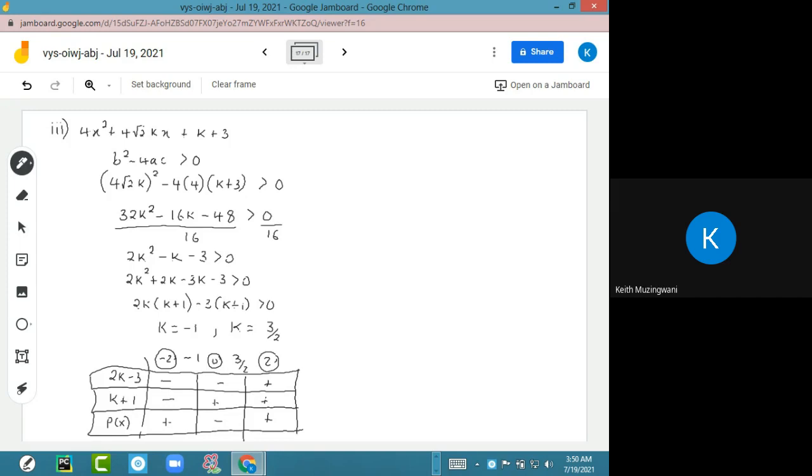We want where it's greater than 0, so we get the positive, positive. So the solution set is going to be negative infinity all the way up to negative 1, not including, union, start from 3 over 2, go all the way up to positive infinity. This is our solution.